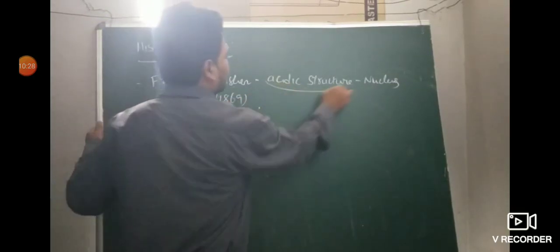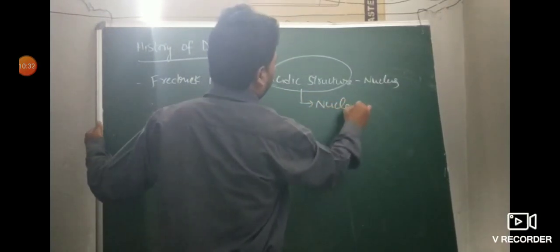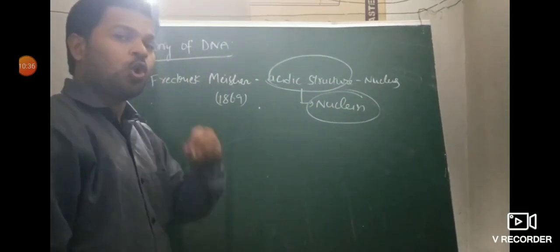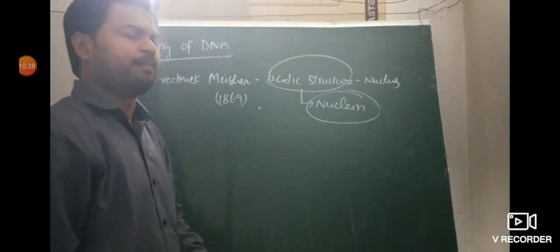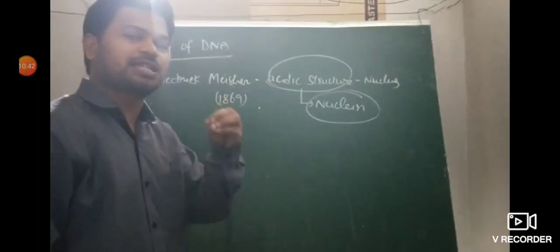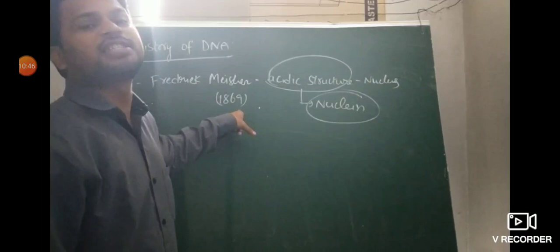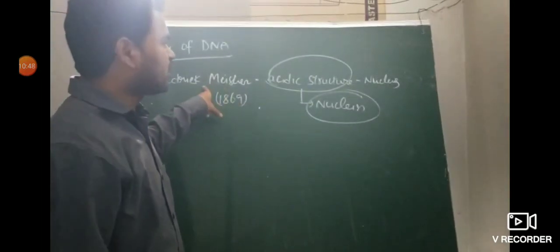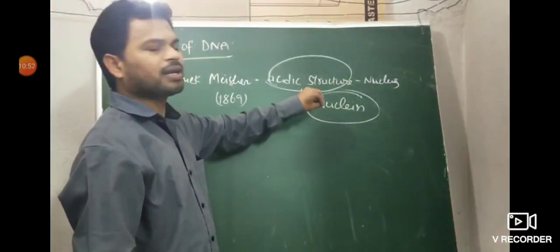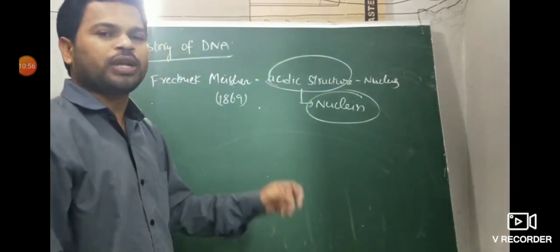Later he gave this acidic substance the name nuclein. Very important NEET question also: who gave the name nuclein? Frederick Miescher. Who discovered the first acidic substance in the nucleus? Frederick Miescher in 1869.